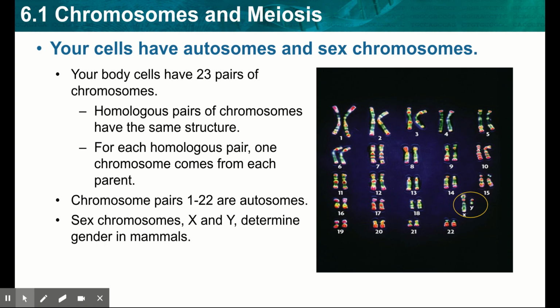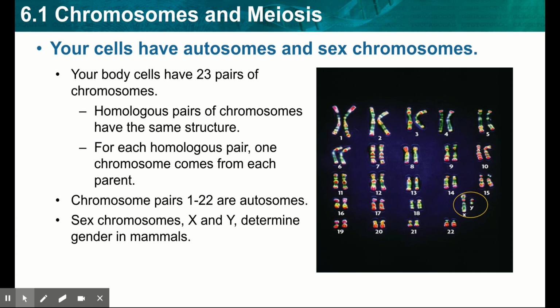Homologous chromosomes are 2 chromosomes, one inherited from your mother and one from your father. They have the same length and general appearance. So when we are looking at this picture, we are looking at 23 pairs of homologous chromosomes. They have similar length and general appearance.